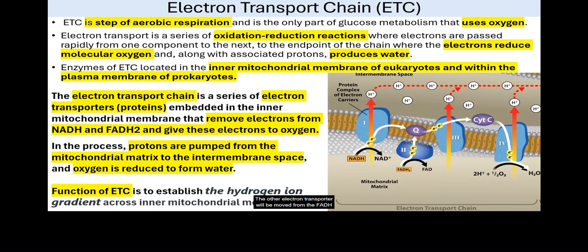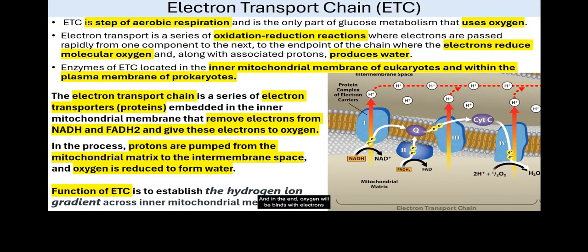The other electron transporter will take electrons from FADH, converting FADH to FAD, and electrons will be moving to the next electron transporter. During this reaction, again hydrogen will be transported inside, and electrons will be passed to the other transporters.